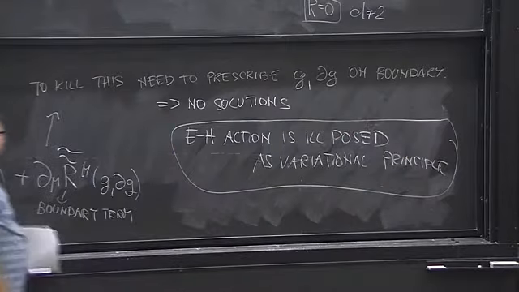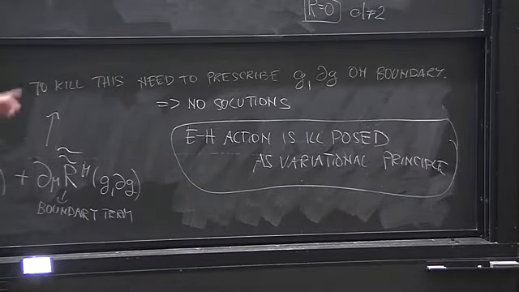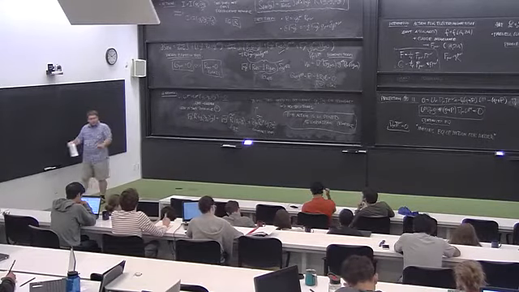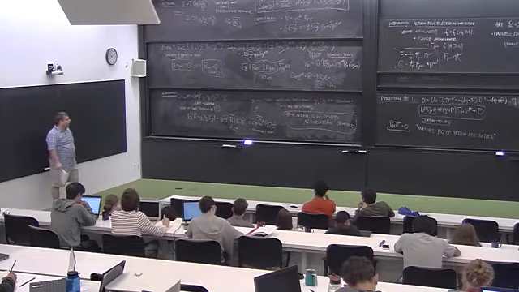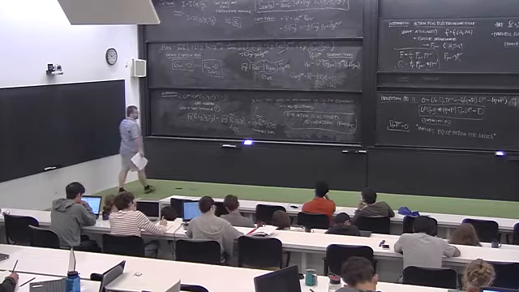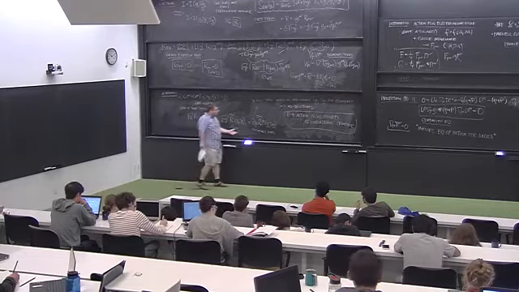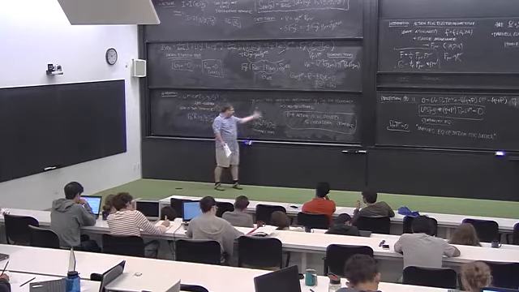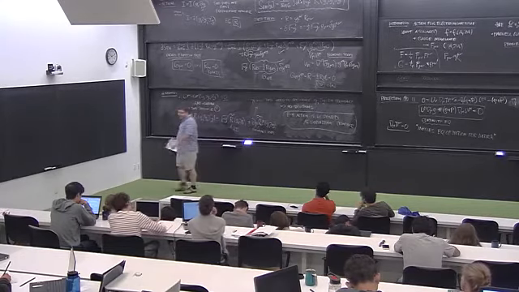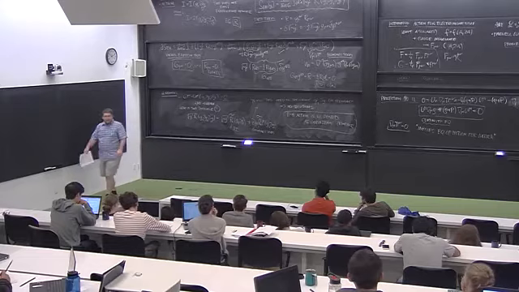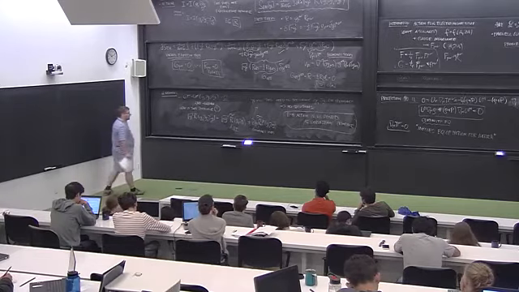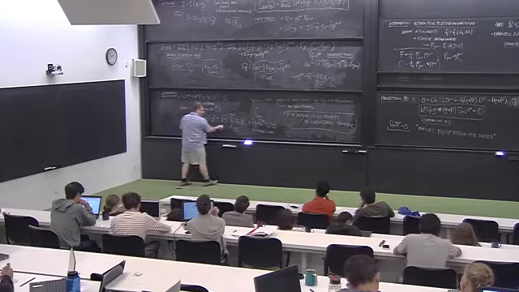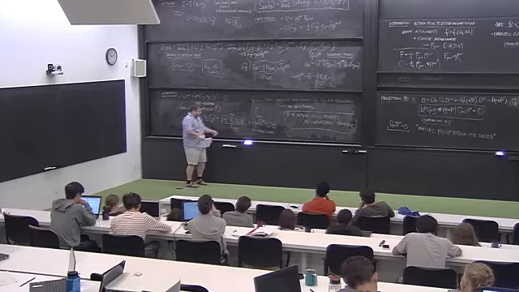To throw away the boundary term you would have to prescribe too many boundary data, and the solutions of the Einstein equations would never exist. However, people don't care, right? They just say, this boundary term is simply not there. I don't care about boundary terms. I just care about whatever happens in the bulk, inside the space-time. And so it's this part which gives my Einstein equations.